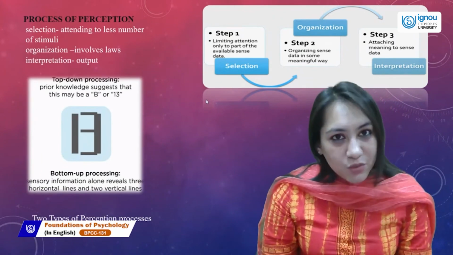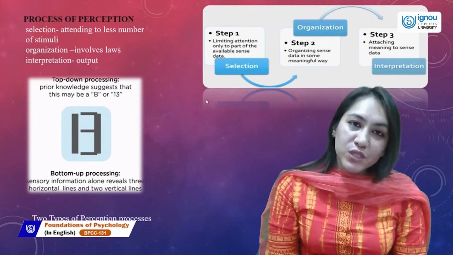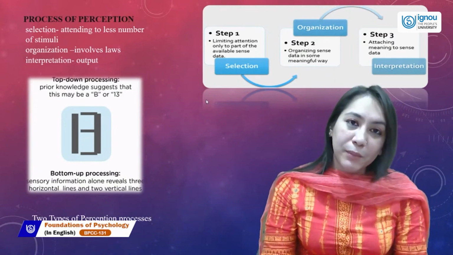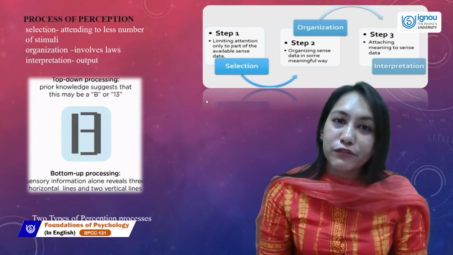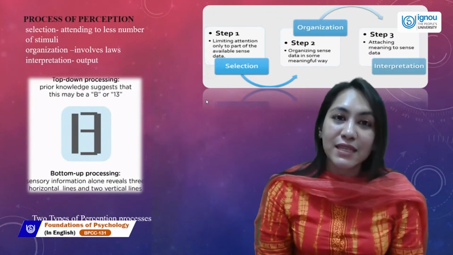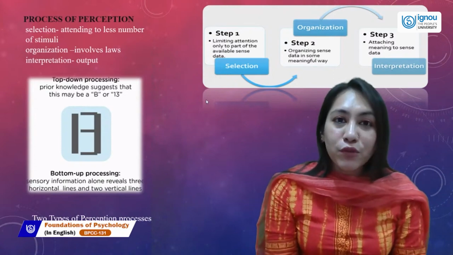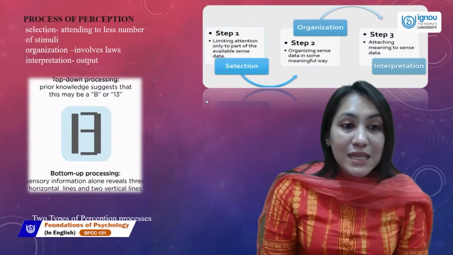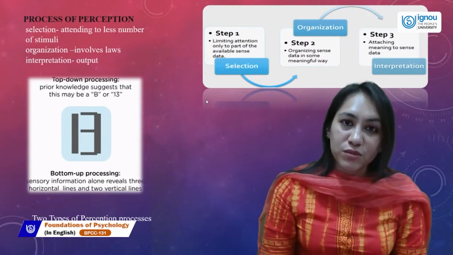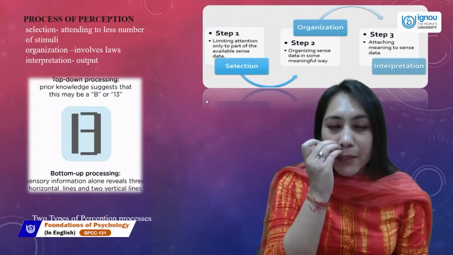So there are two kinds of processing. One is top down, the other is bottom up. These are two different perceptual processing types that you have. Some of you use top down processing. What is top down? Top down uses prior information.